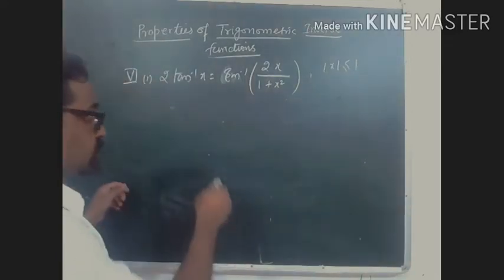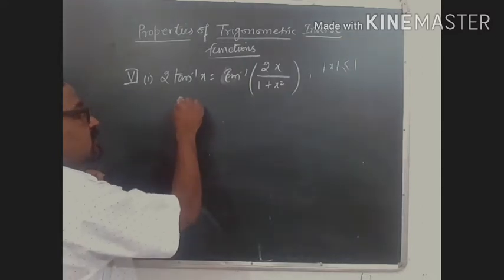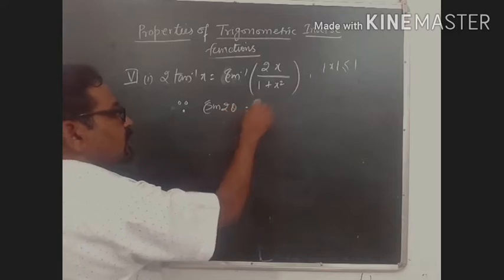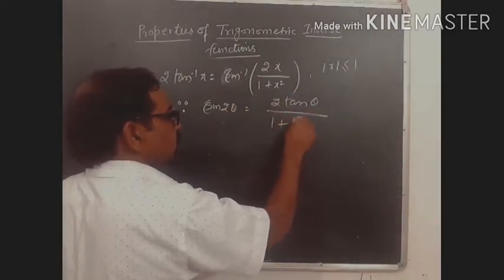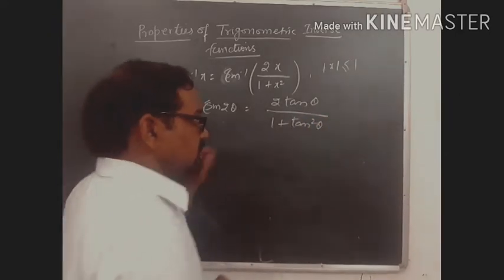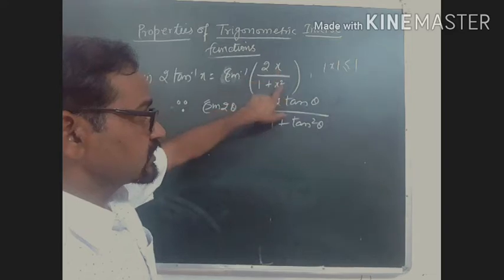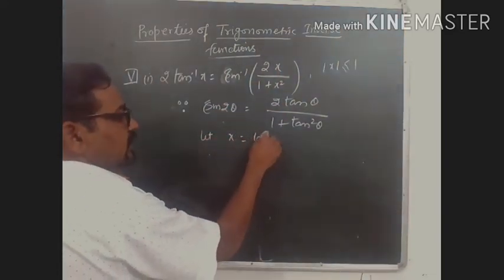First part, 2 tan inverse x equals sin inverse 2x upon 1 + x square. Since we know that sin 2 theta equals 2 tan theta upon 1 + tan square theta, if we match 2 tan theta upon 1 + tan square theta, let x = tan theta.